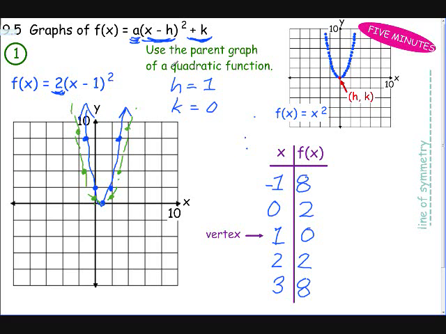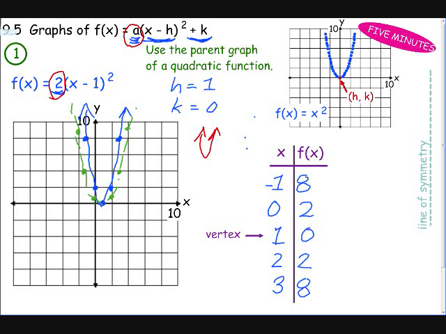So when we had an A equal to 2, it made the graph become a little steeper. Made these points rise much more quickly.